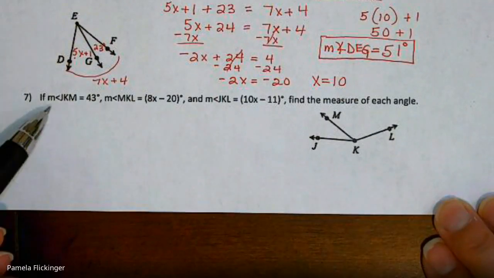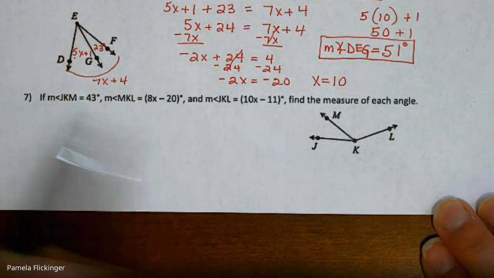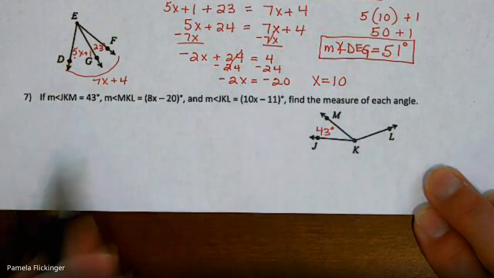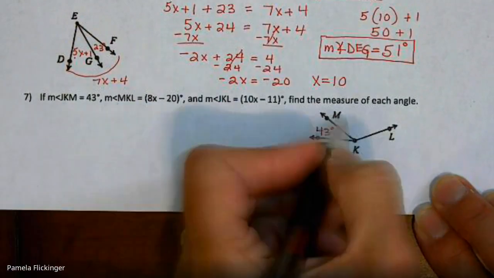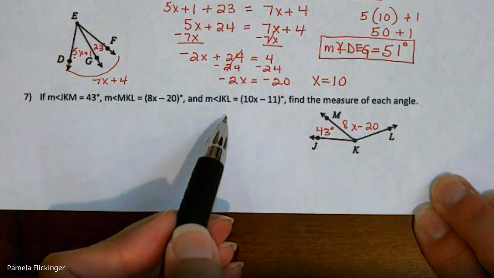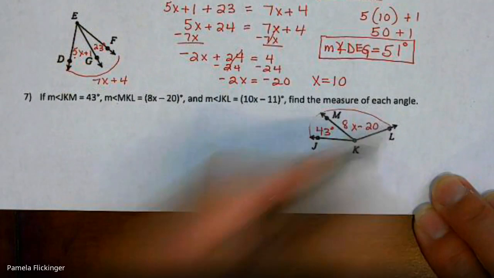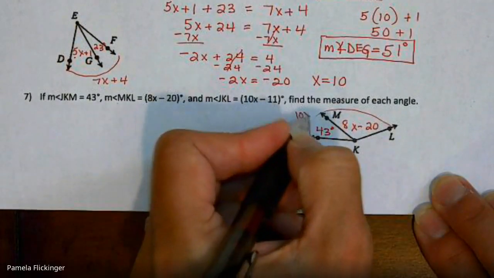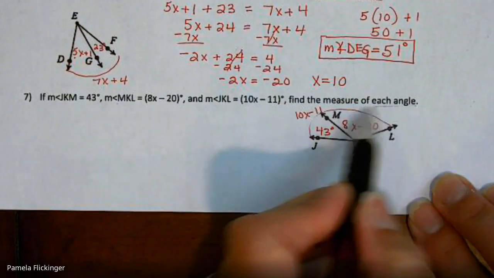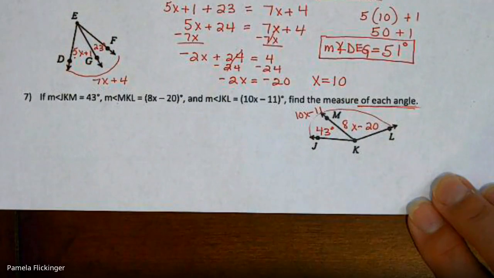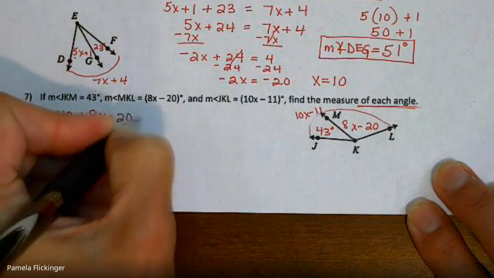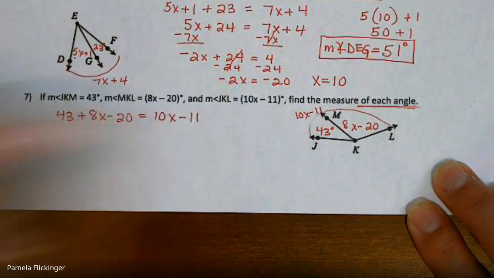Again, label your picture. So we've got the measure of angle JKM, which is this one smaller, is 43 degrees. The measure of angle MKL is 8x minus 20. And then the measure of angle JKL, which is the whole thing, is 10x minus 11. All right, this wants us to find the measure of each angle. So small part plus small part will equal the big part.